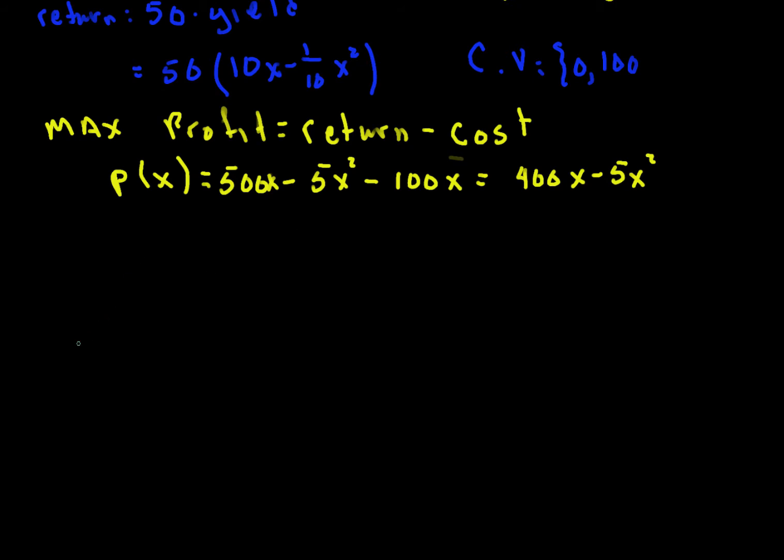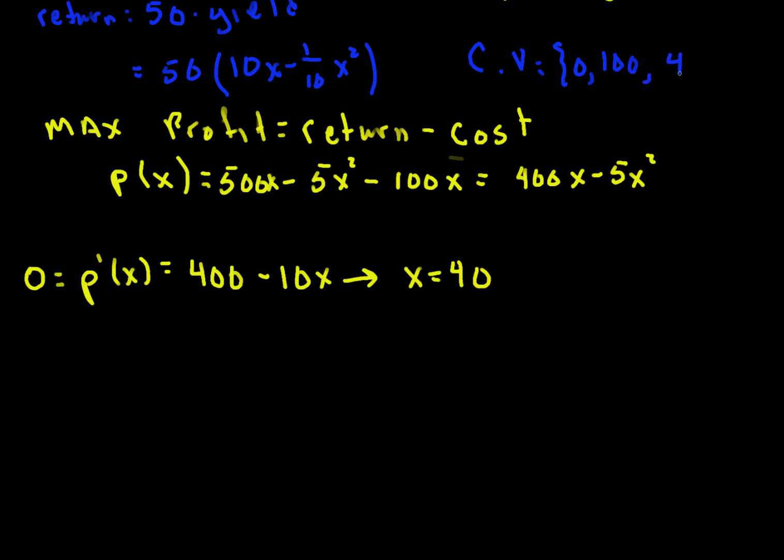So we set 0 equal to the derivative of profit. The derivative is 400 minus 10x, and that equals 0 exactly when x is 40. So we'll add that to our critical values, and that's all of them: 0, 100, and 40.